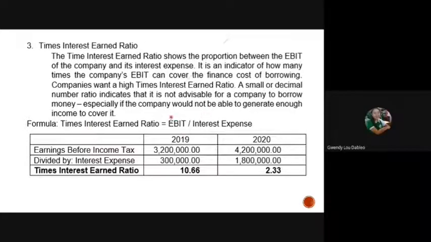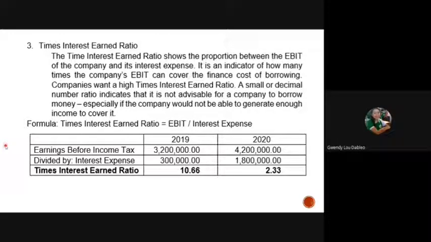Okay, EBIT stands for earnings before income tax. Okay, you have there now the formula divided by interest expense to compute times interest earned ratio. So for 2019, we have 10.66. While in 2020, we only have 2.33. So what is our analysis for this?